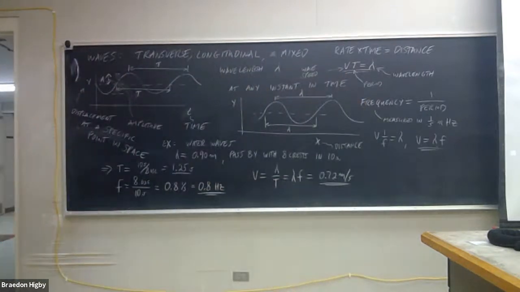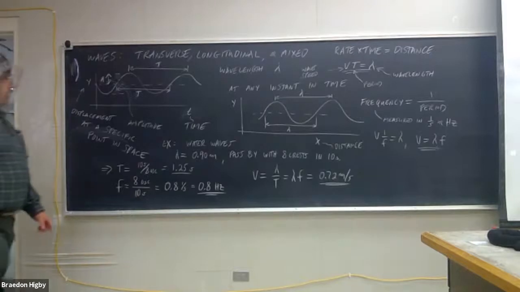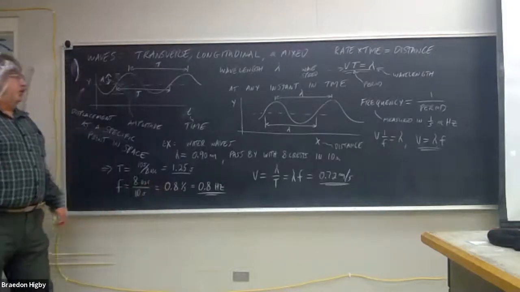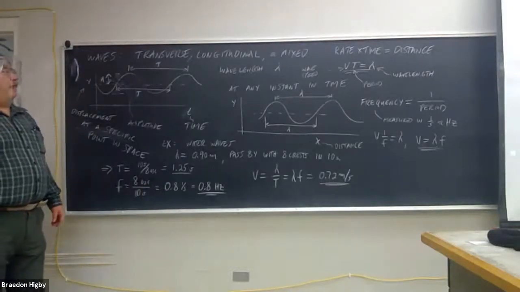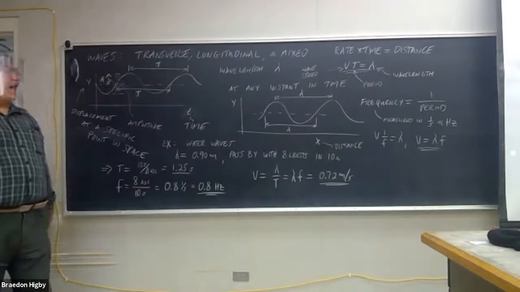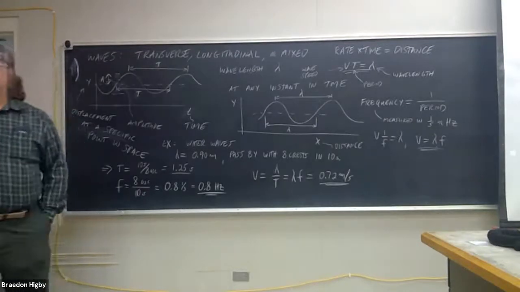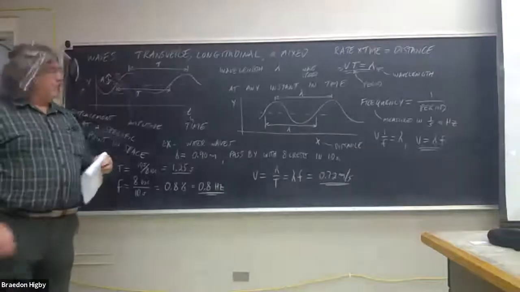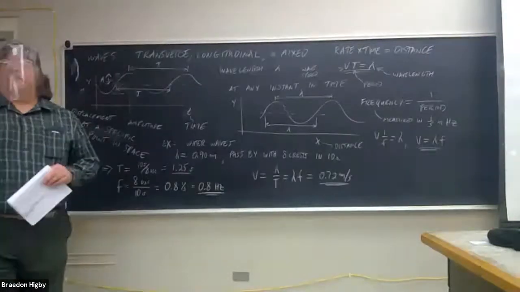So that's our 0.9 meters divided by the 1.25 seconds, or it's our frequency of 0.8 hertz times our wavelength of 0.9. In each case, we get 0.72 meters per second, so almost a meter per second.